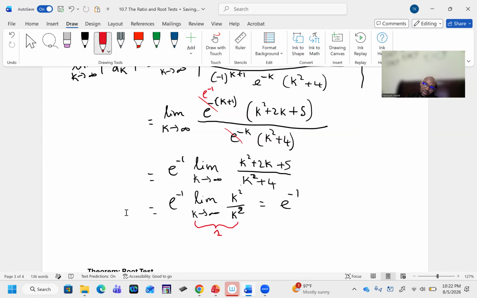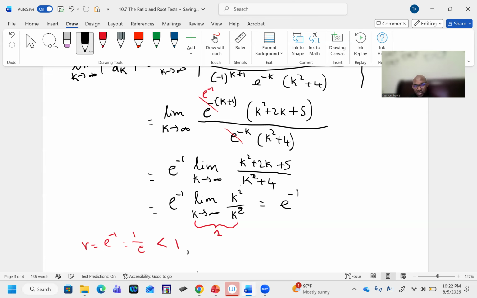So what do we conclude? R is equal to e to the power of negative 1, which is the same thing as 1 divided by e, and that is less than 1.